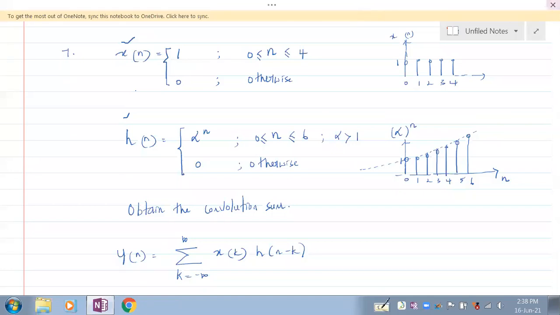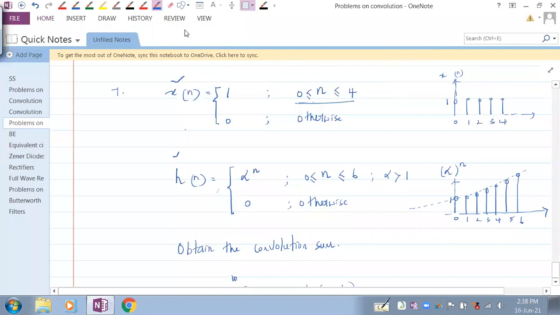What's happening to the range here? The range is 0 to n minus 4 here. Everybody understand? It says it is 0 to n minus 4, which means that it is ranging from 0 to 4.